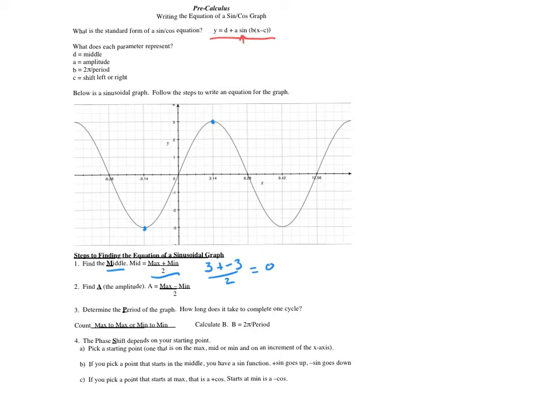To find the amplitude, you subtract them. So that'd be 3 minus a negative 3 divided by 2, which is 6 divided by 2, which is going to be 3. So my amplitude is 3. The period is how long it takes the graph to repeat one cycle. In this case, I would go from here to here. That's where it repeats one cycle.